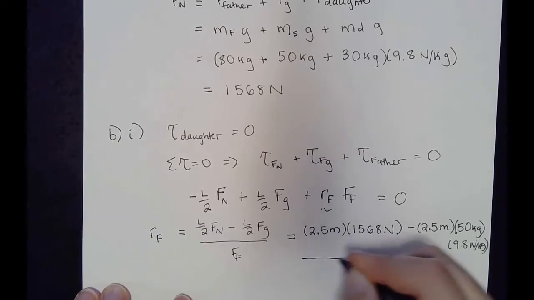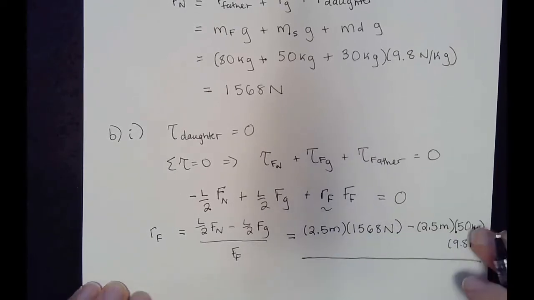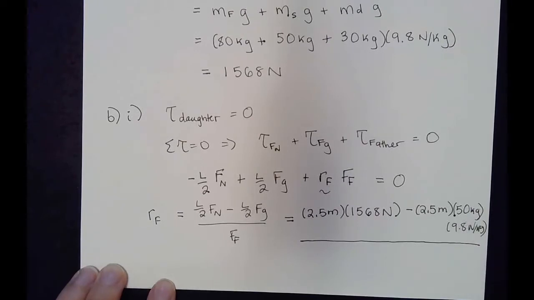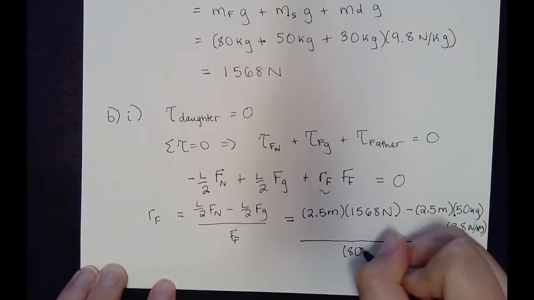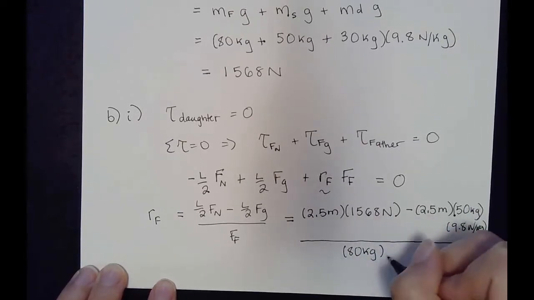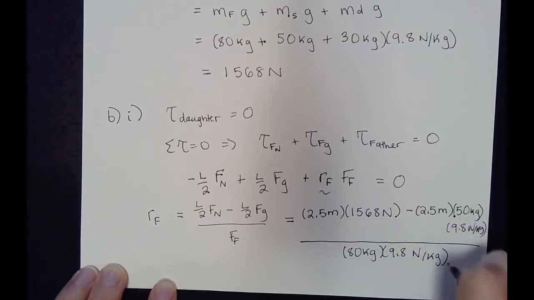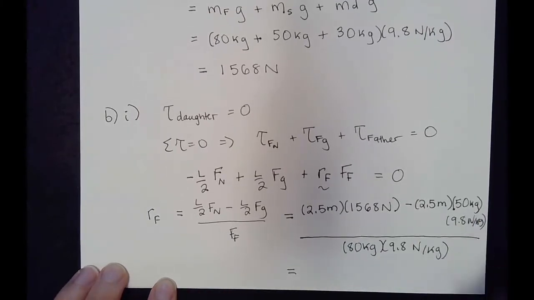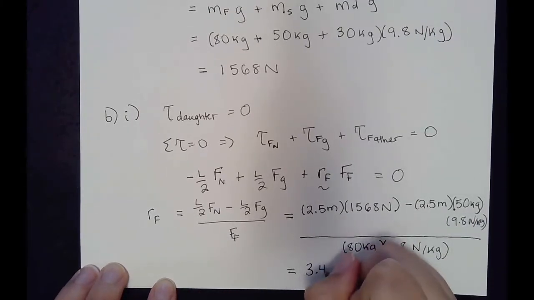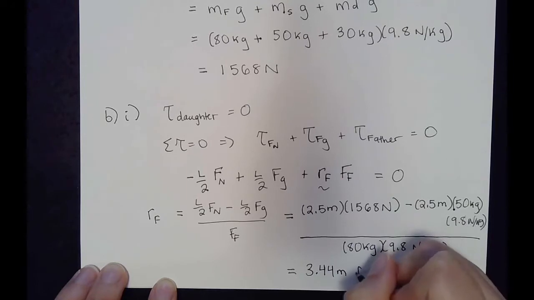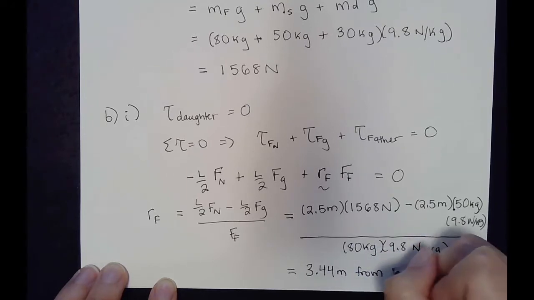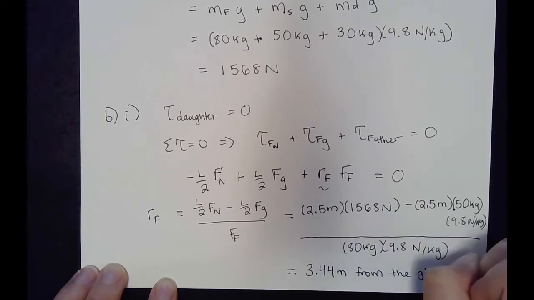And then all of that is divided by the force of the father, which is his mass, 80 kilograms, times 9.8 newtons per kilogram. And then calculating that gives us a result of 3.44 meters from the end of the beam, or from the location of the girl.